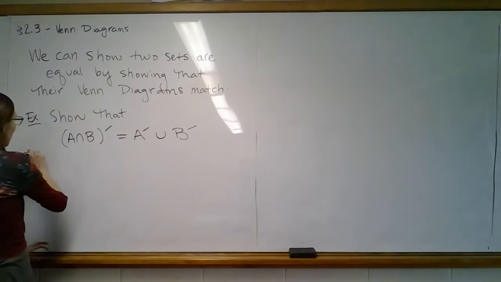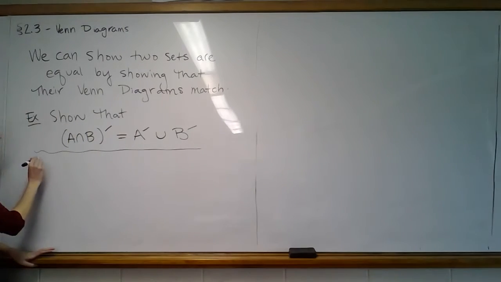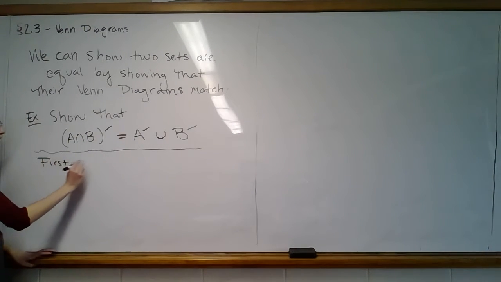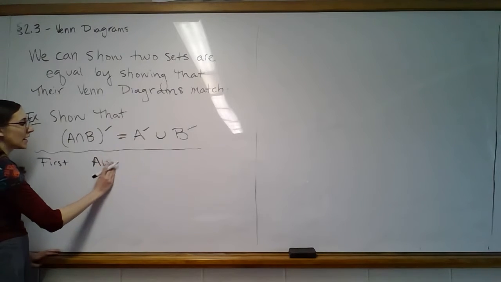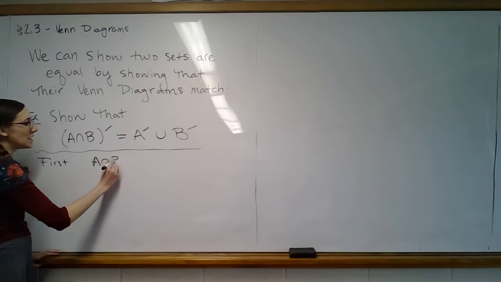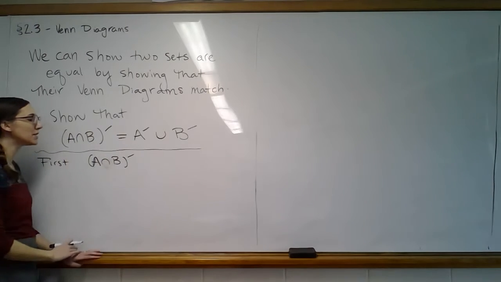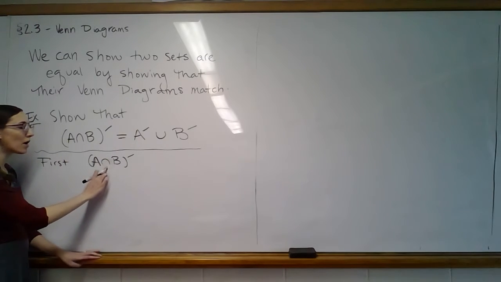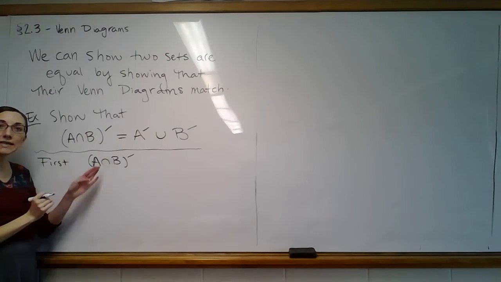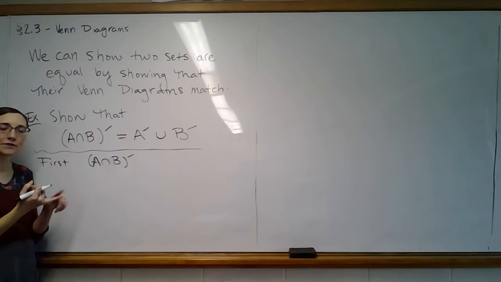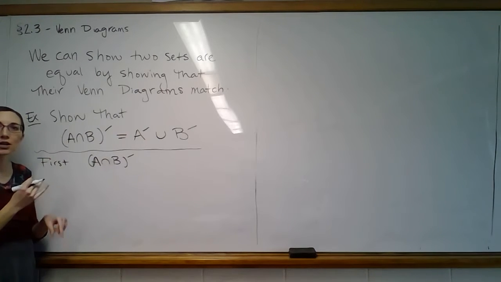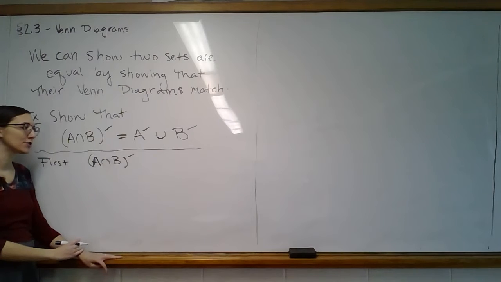So first, we're going to look at (A intersect B) complement, which on your own, make sure that you are really practicing reading these statements, right? Knowing those different symbols, knowing your intersection, your union, your complement, difference, all those things.